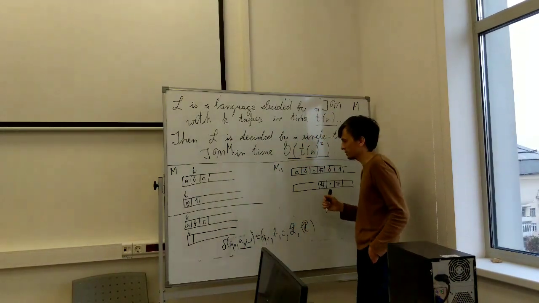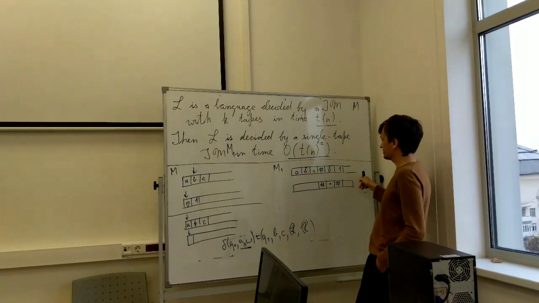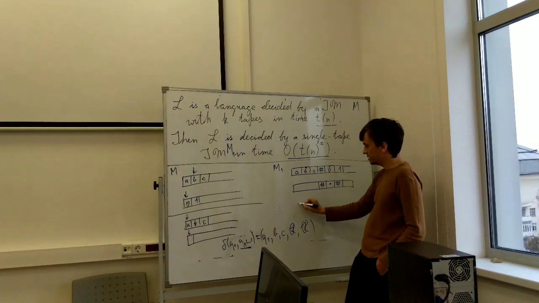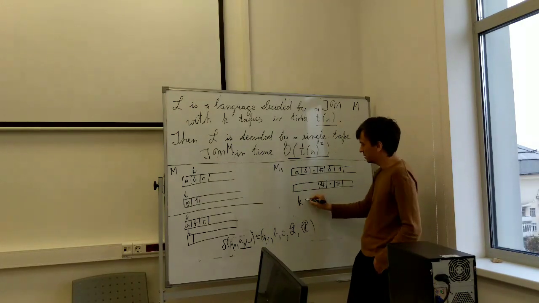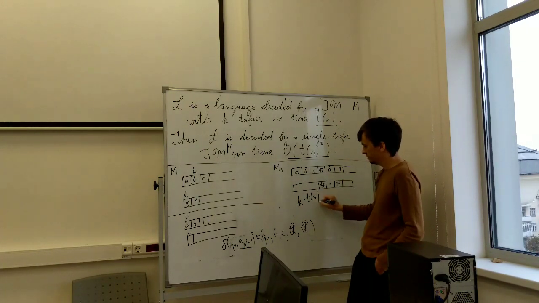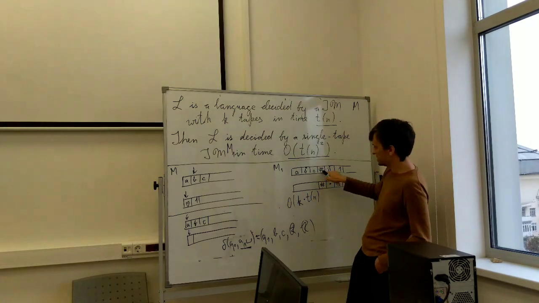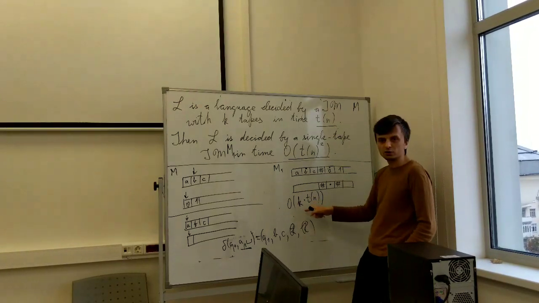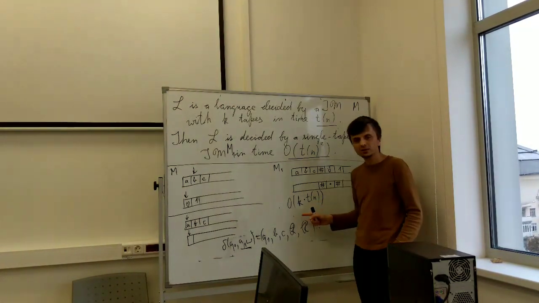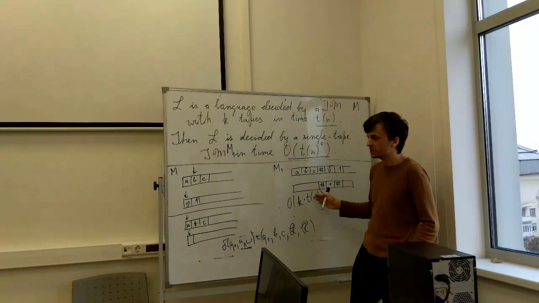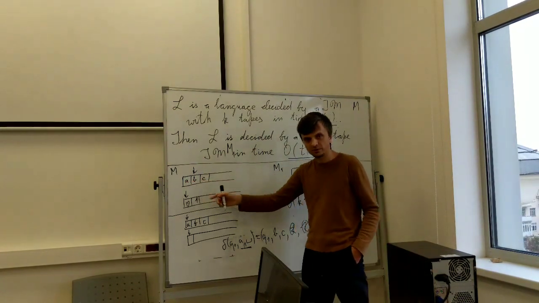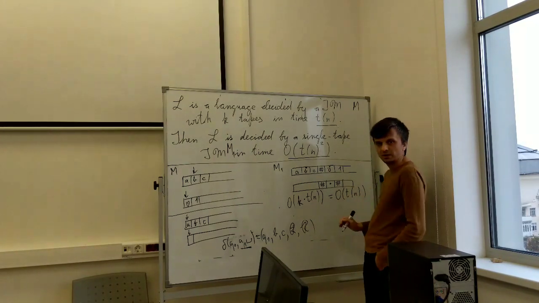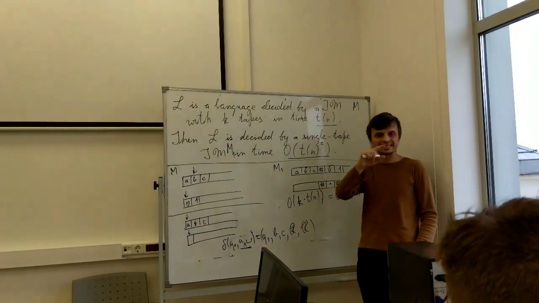So the maximum number of cells that are filled in is the number of tapes, k, multiplied by T of n. Well, roughly, because we also have this symbol, but something like this. But k is a constant. K does not depend on the input. It's just a characteristic of our machine. So essentially, this is O of T of n. This is the time we need to make one scan.